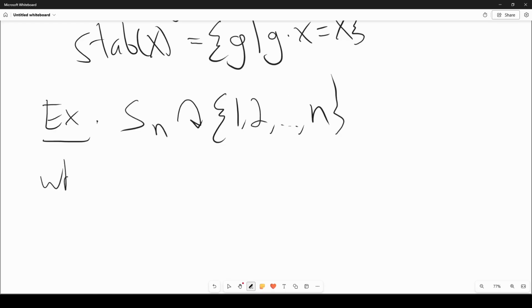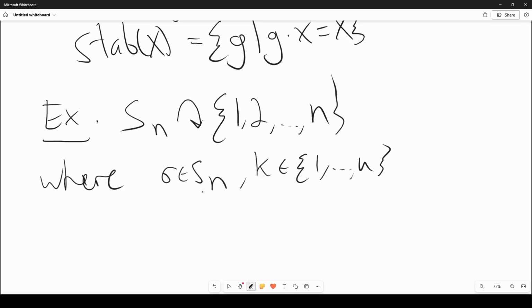And we're going to define our group action, where for sigma in Sn and k in 1 through n, you get sigma dot k equals sigma composed with k.